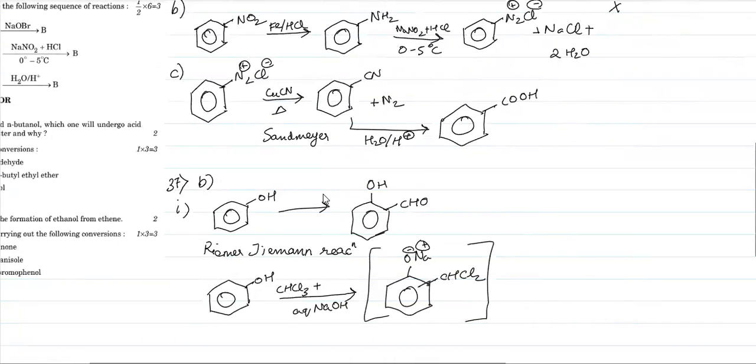I don't remember clearly, but I think when I was in grade 12, I got this question in the exam. I mean, not this question, but about the Reimer-Tiemann reaction. So this is the intermediate, and this undergoes a reaction with sodium hydroxide and leads to the conversion of the CHCl2 to an aldehydic group.